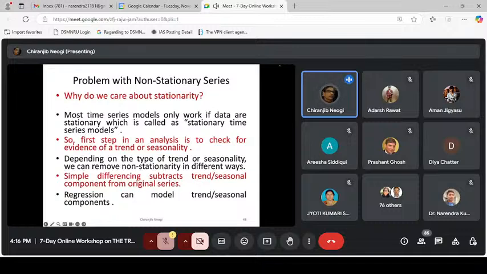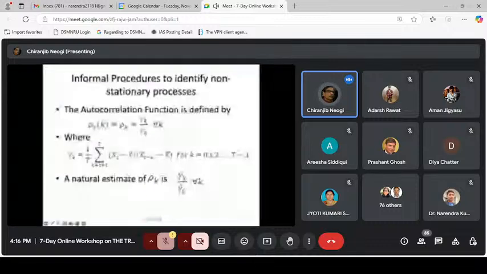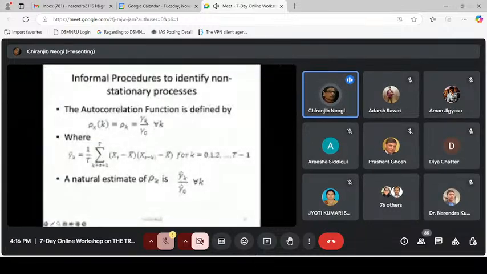Now there are some informal methods. There is the autocorrelation function. As I told you, the autocorrelation function is like this, where k is the lag value. And why do we call it autocorrelation? In correlation, we generally use two variables, x and y.